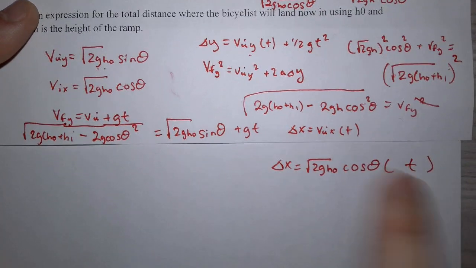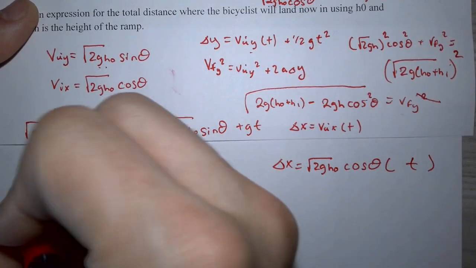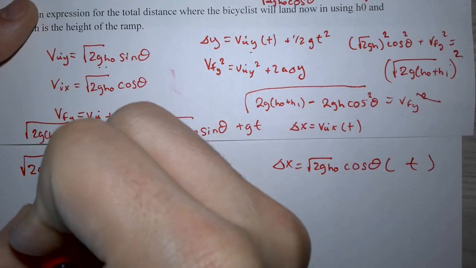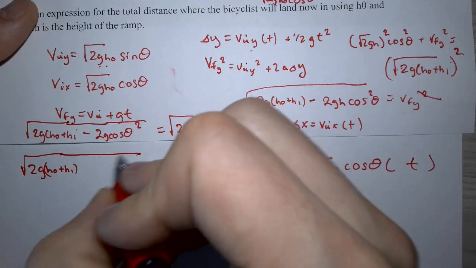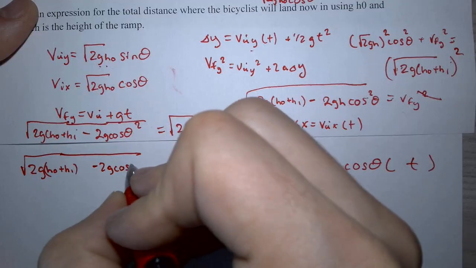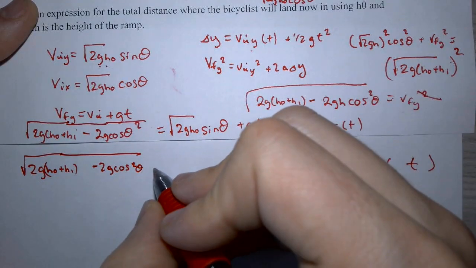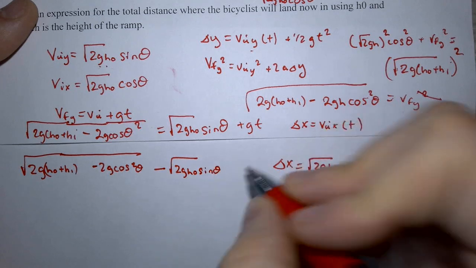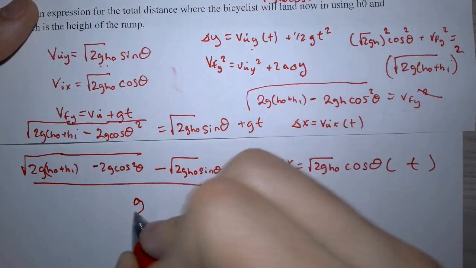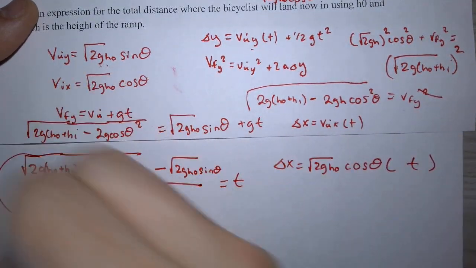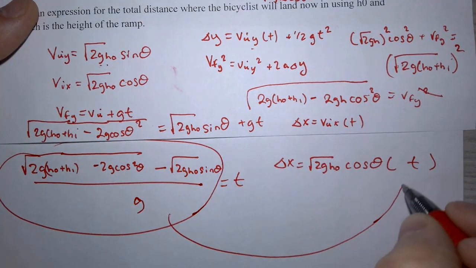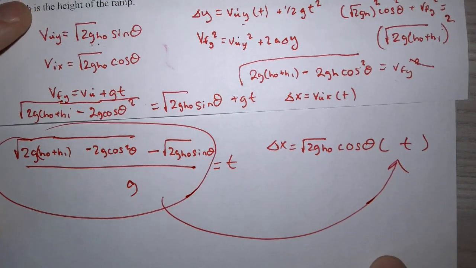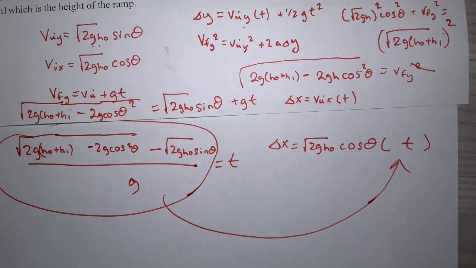The time, if we solve this equation for time, would be the square root of 2g (h naught plus h1) minus 2g h naught cosine squared theta, minus the square root of 2g h naught sine theta, all divided by g. That is what time is, and if we plug that in for time, we would get our answer with all the appropriate variables. Whew!